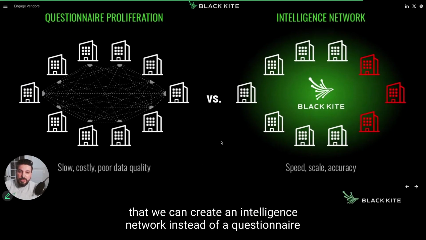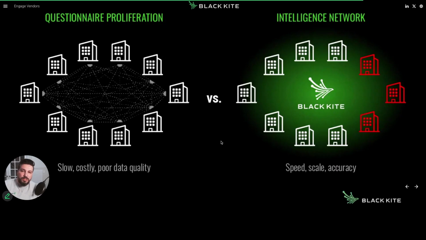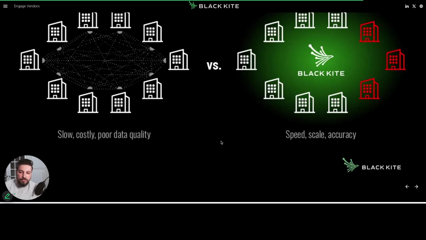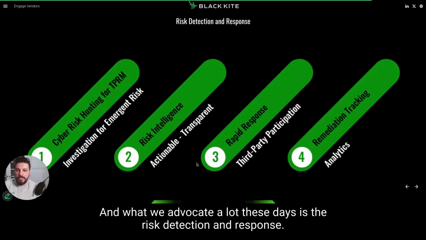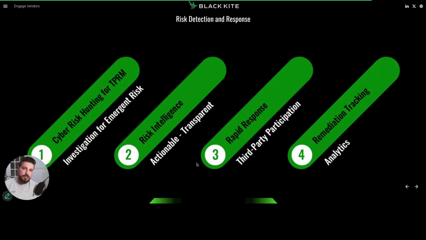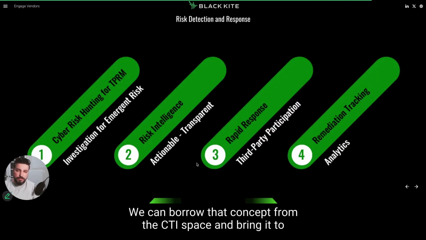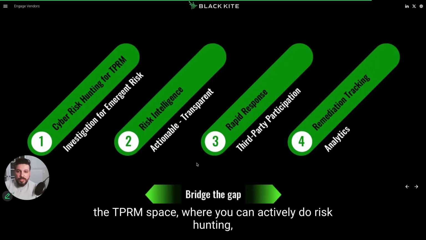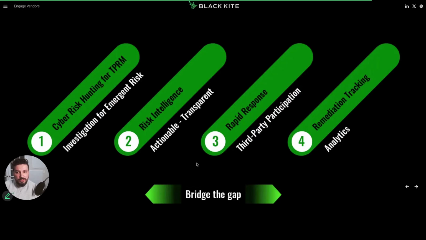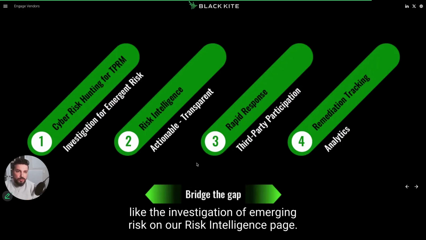So that we can create an intelligence network instead of a questionnaire proliferation network. And what we advocate a lot these days is risk detection and response. There's threat detection and response. We can borrow that concept from the CTI space and bring it to the TPRM space, where you can actively do risk hunting, like the investigation of emerging risk on our risk intelligence page.